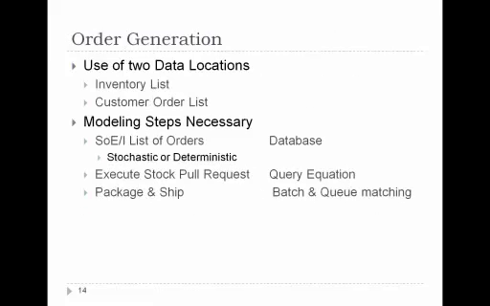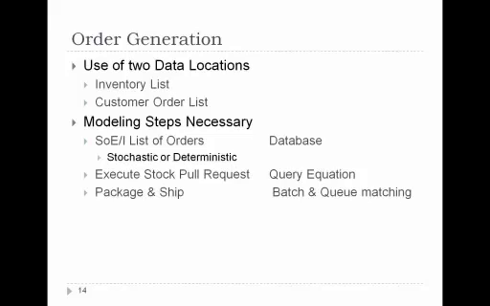In an order generation environment, two data locations are necessary once again: the customer order and the inventory list.